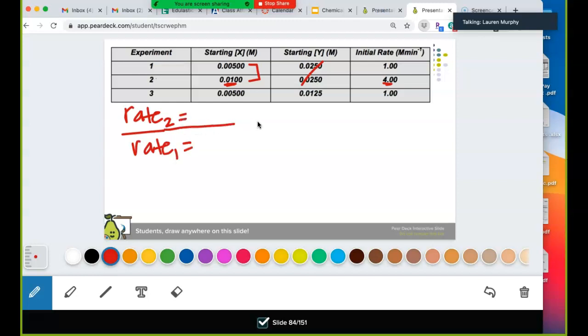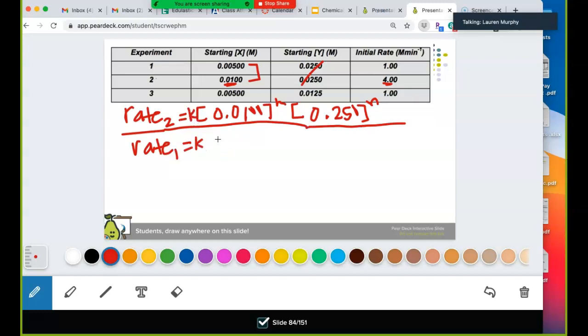So the rate of experiment 2 compared to the rate of experiment 1, and we write rate laws for both of them. So in experiment 2, X is 0.01 raised to some power, and Y is 0.250 raised to some power. Oh, rate equals K. Sorry, I forgot the constant.